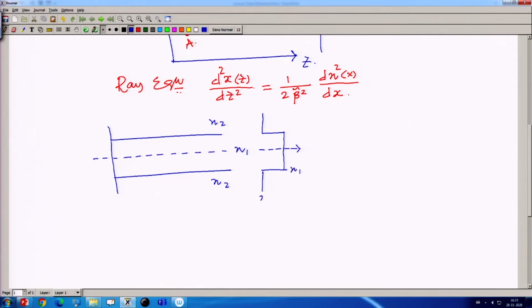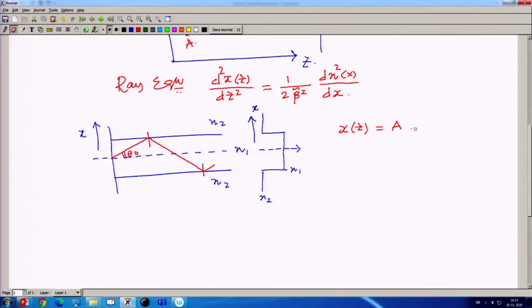This is n1, this is n2, this is along x. Now, for this structure, if I launch a light, it should follow a straight line path. If this is my launching angle theta 0, we calculate the path using the ray equation, and it follows a general equation.